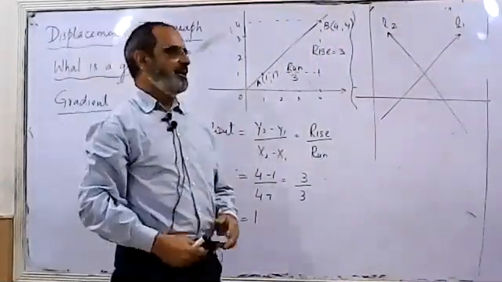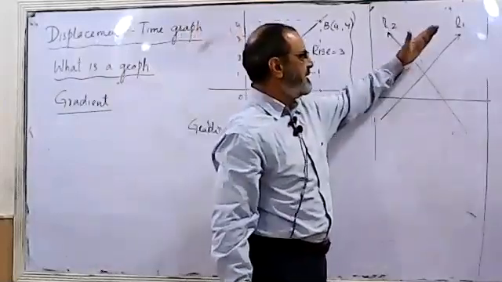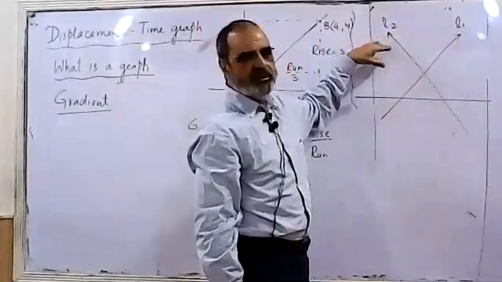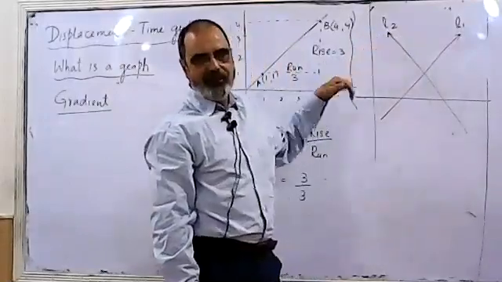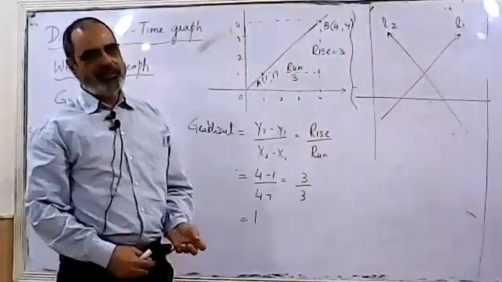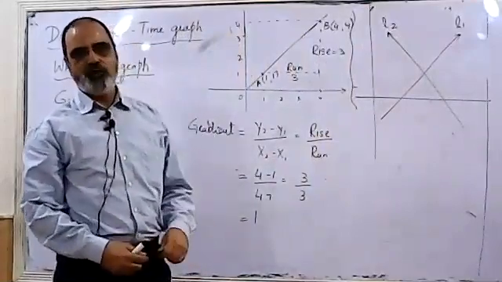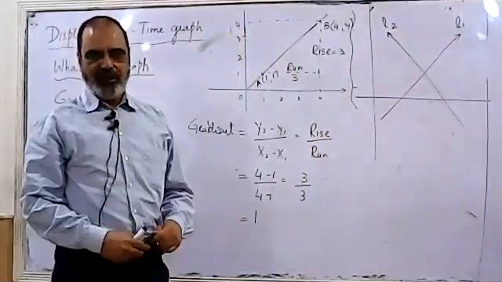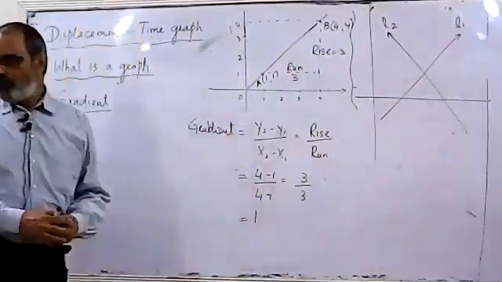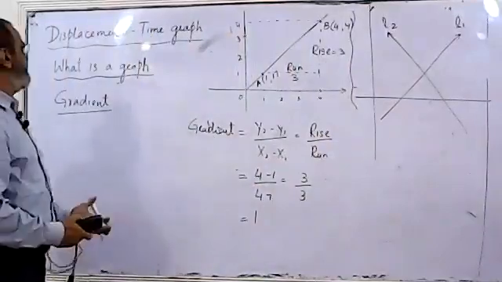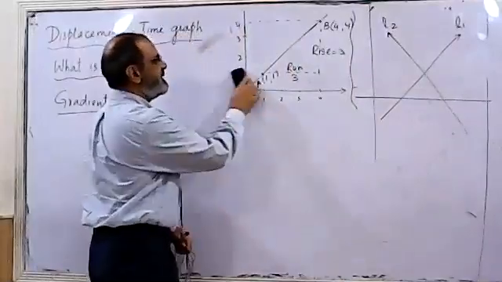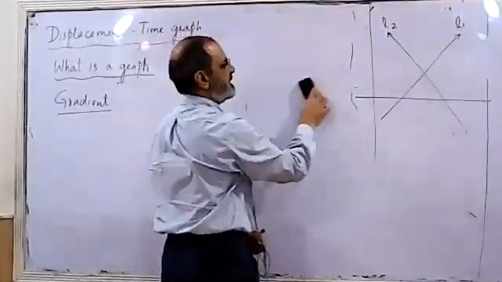So whenever the line is inclined towards the right, it has a positive gradient, and if it is inclined towards the left, it has a negative gradient, irrespective of the quadrants. We don't have to consider the quadrants, just their inclination shows us whether it is positive or negative. So I have to revise this knowledge just to understand the relation between displacement and time, because gradient is representing.